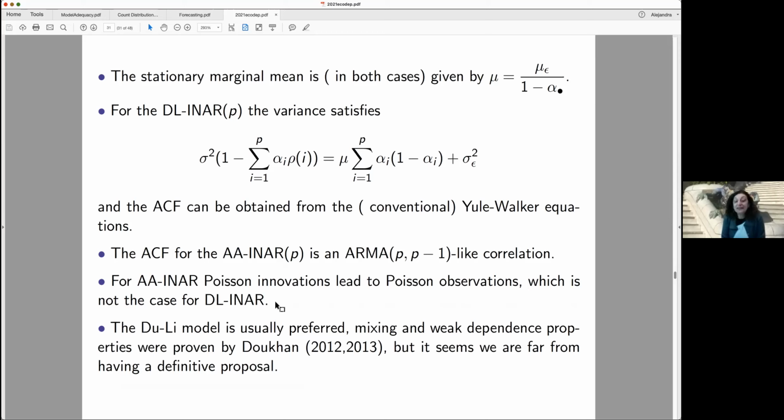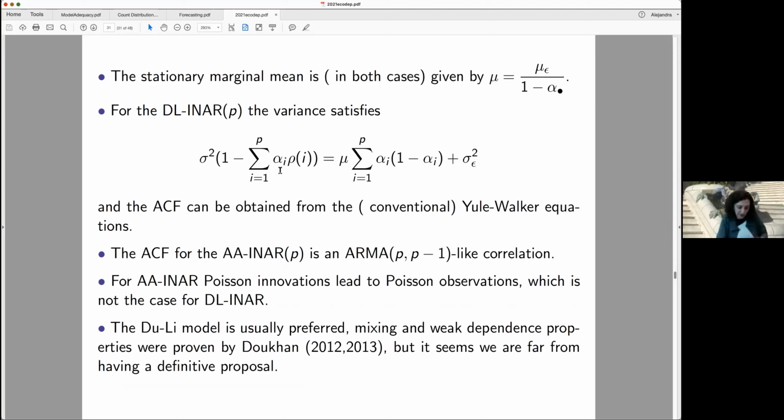Well, it seems that the chapter of defining thinning-based models of order bigger than 1 is not quite closed. So there are different things. In the case of Du and Li, for instance, the problem is that the transitions are convolutions of p binomials, which come from the p thinnings.